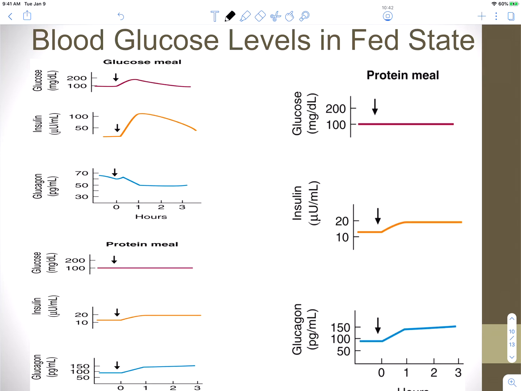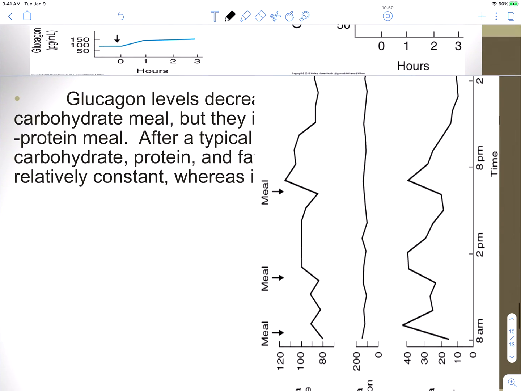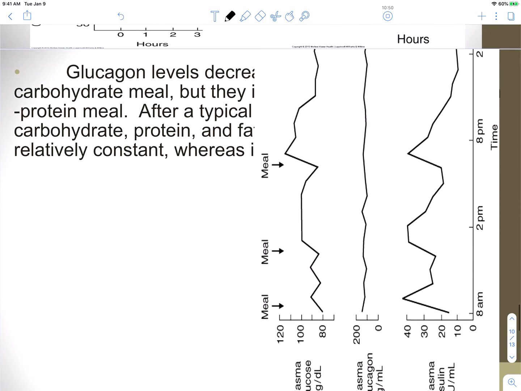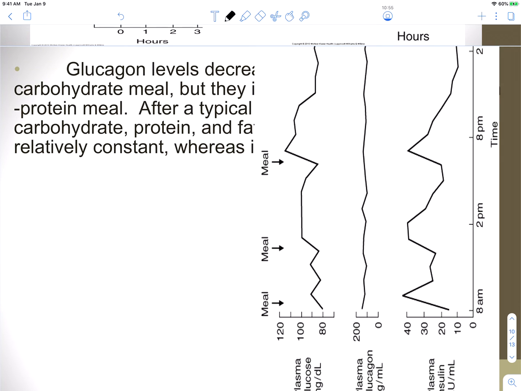It spikes a little bit, and glucagon levels actually increase during a protein meal. Oh, this got all flipped around. Sorry about that. So this is just talking about glucagon levels decreasing following a high carbohydrate meal, but they'll increase following a high protein meal.